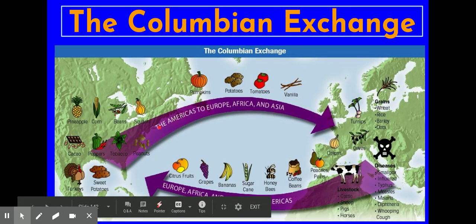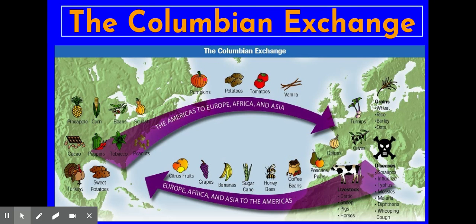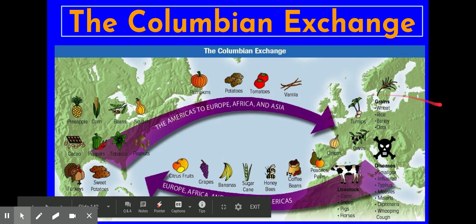Here's another view of a slightly different map. It gives you some slightly different products, ideas, but it's the same thing. These are things coming from the Americas to Europe and Asia. You notice the arrow: these things are being brought from Europe, Africa, and Asia to the Americas. And you notice some of the things that are brought are not so good.